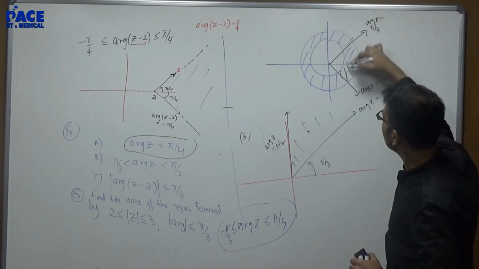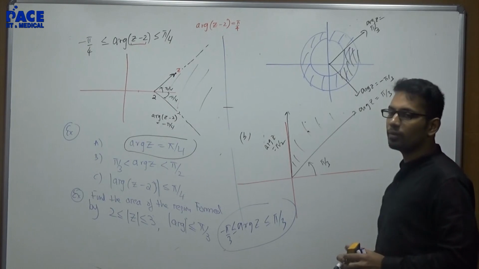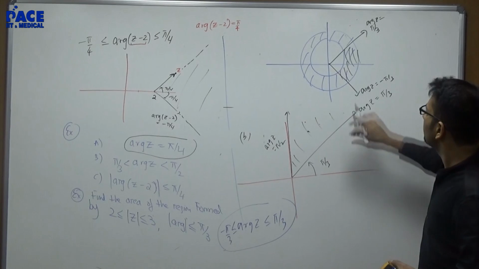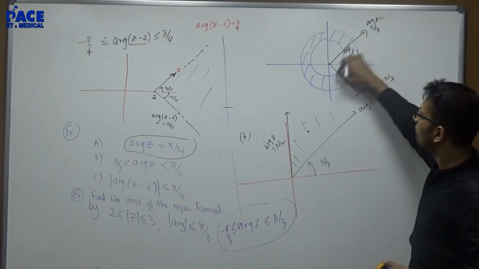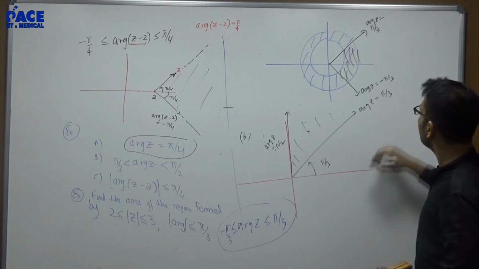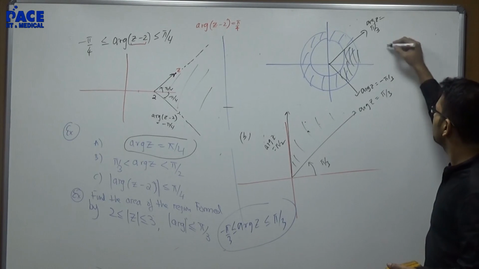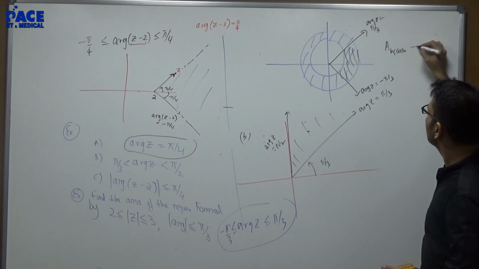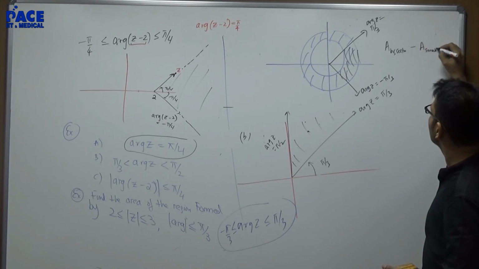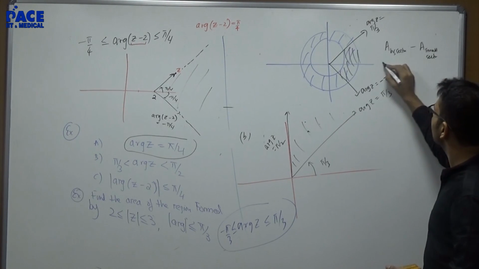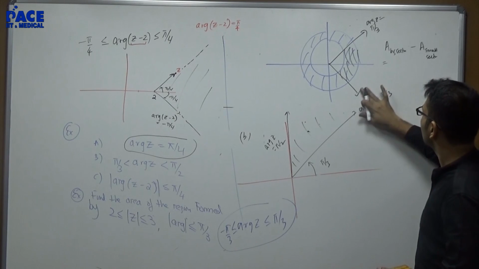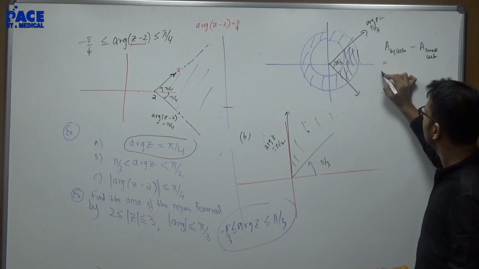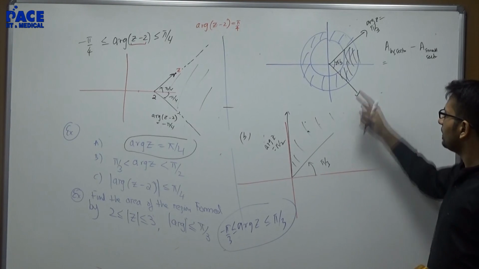So we are actually calculating this area. How to calculate this area? Area of the big sector minus area of the small sector. ठीक है ना? This angle is 2 pi by 3. बड़े वाले का रेडियस 3 है, इसका 2 है.